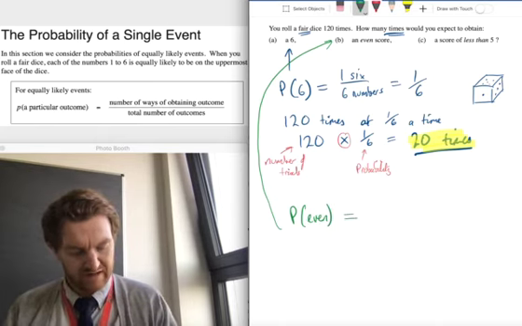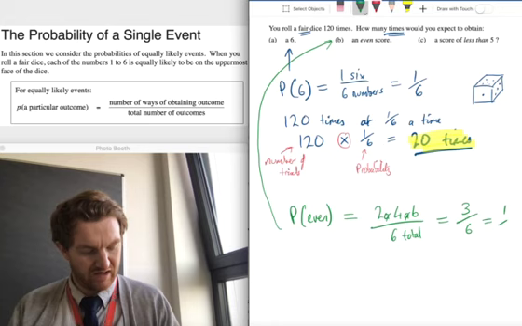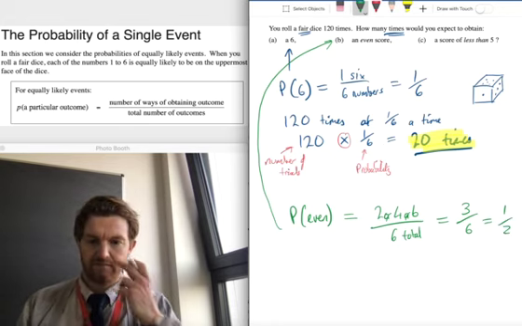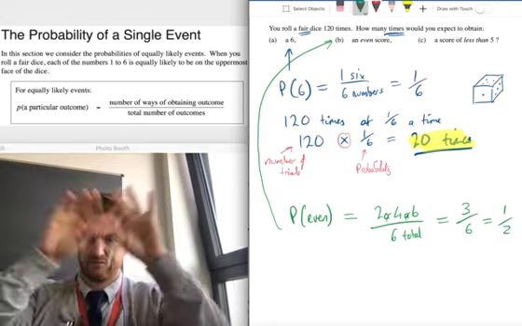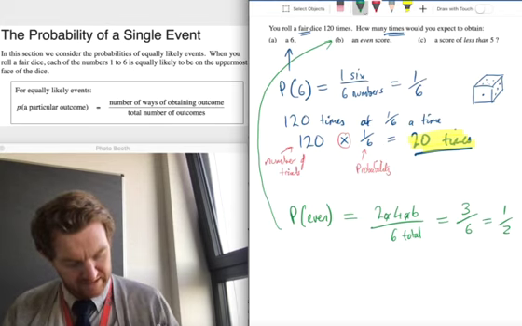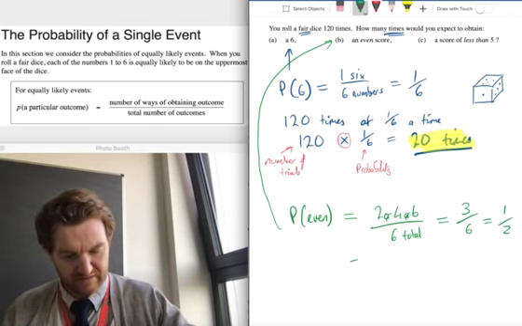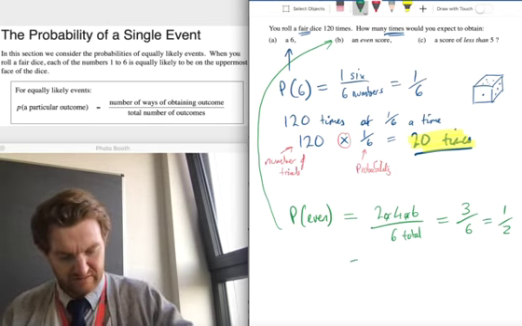You could say it's going to be 2 or 4 or 6. That's 3 numbers out of 6, or a half. So we say we're going to do a half times 120 trials, and that gives you 60 times.